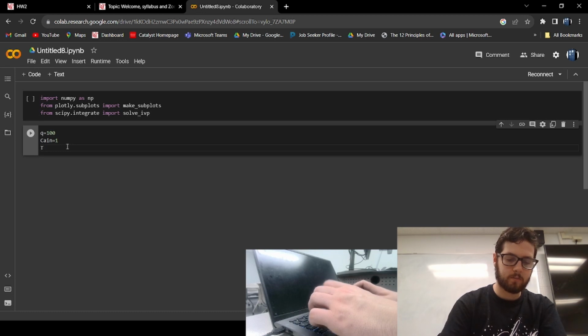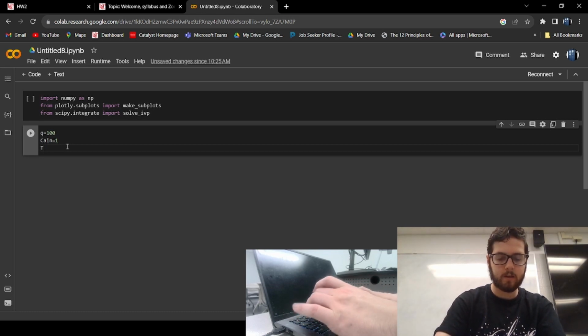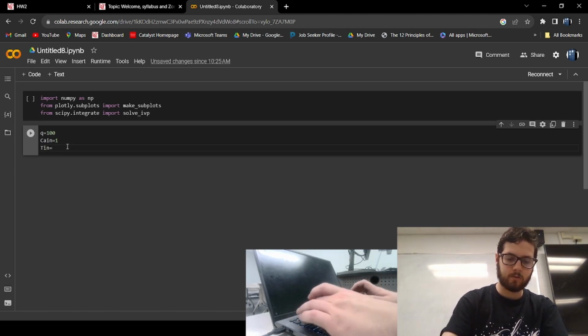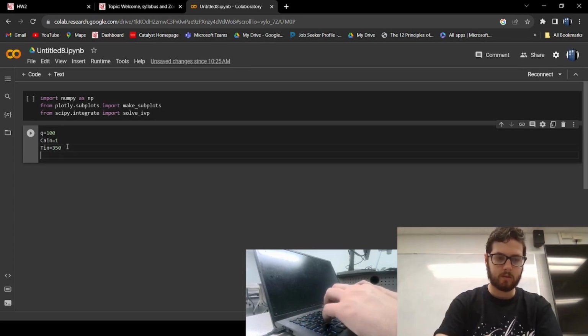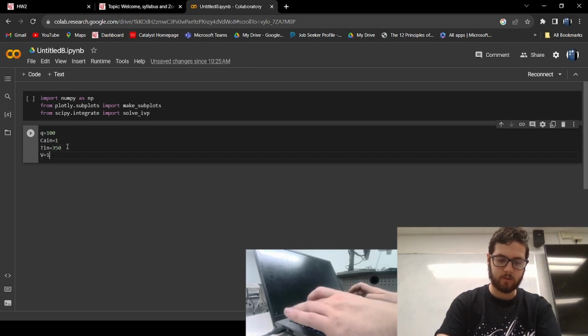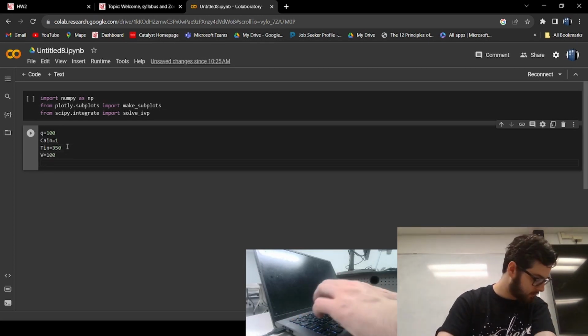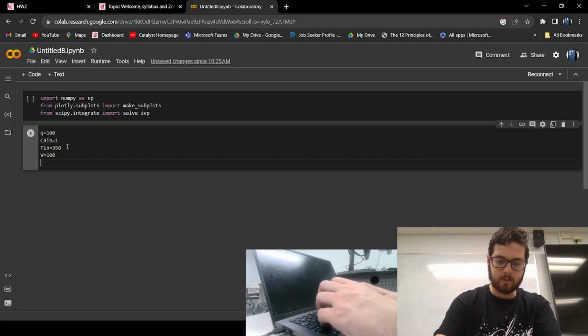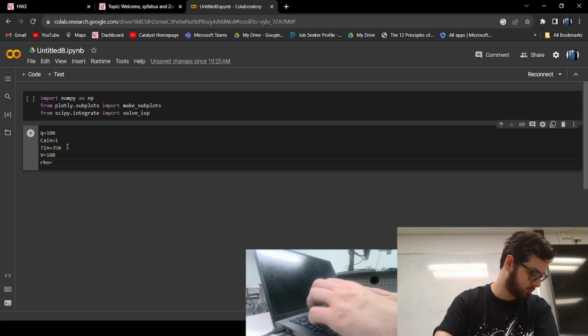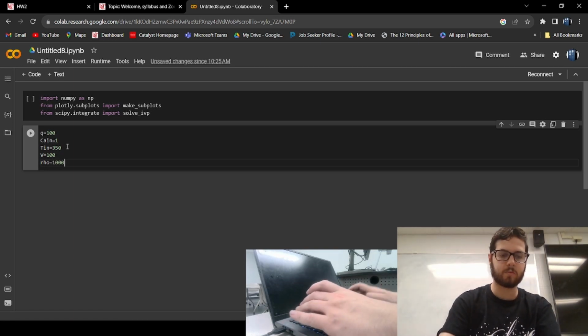Our starting temperature into the tank is equal to 350 Kelvin. Our volume is equal to 100 liters. Our density is equal to 1,000 grams per liter.